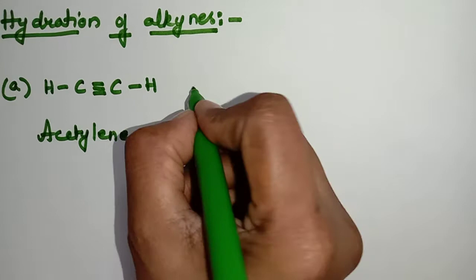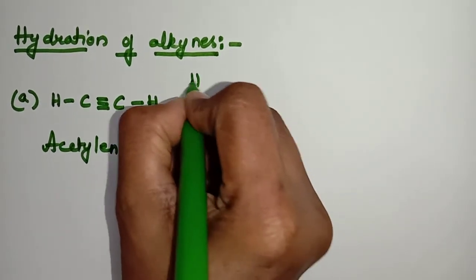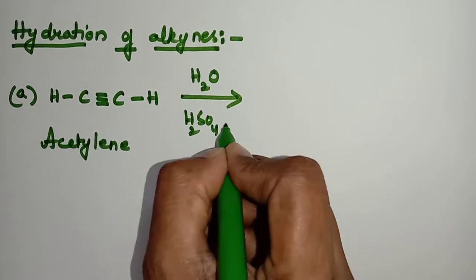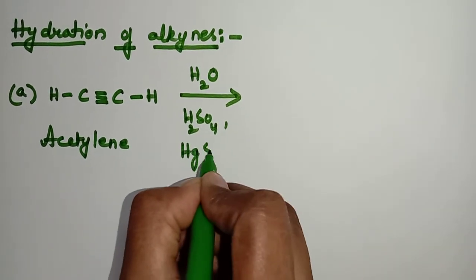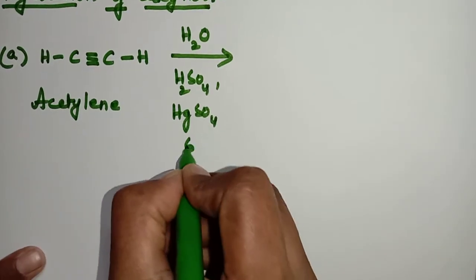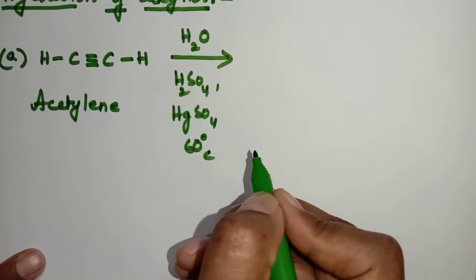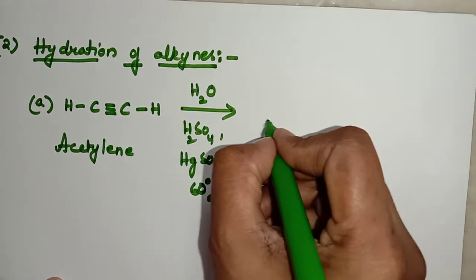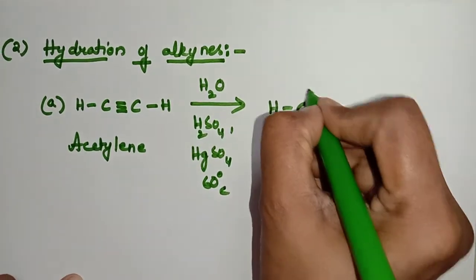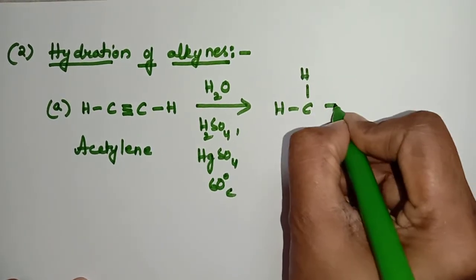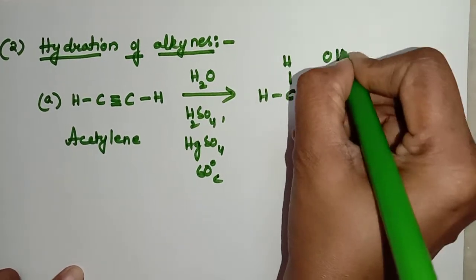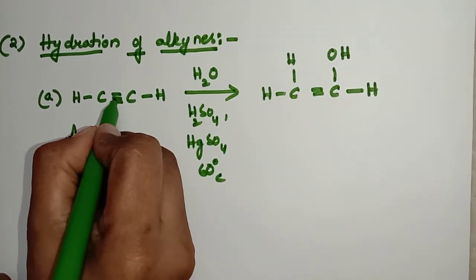So acetylene on hydrolysis in the presence of sulfuric acid and mercuric sulfate, and this should be heated up to 60 degrees centigrade. What happens? Here forms HCH double bond CHOH.